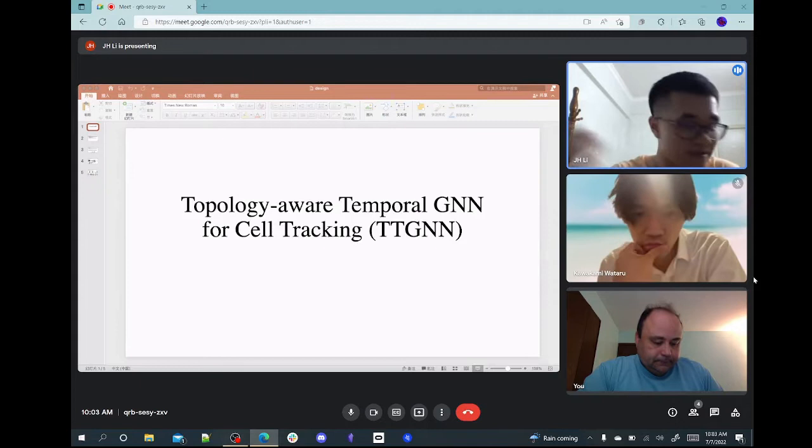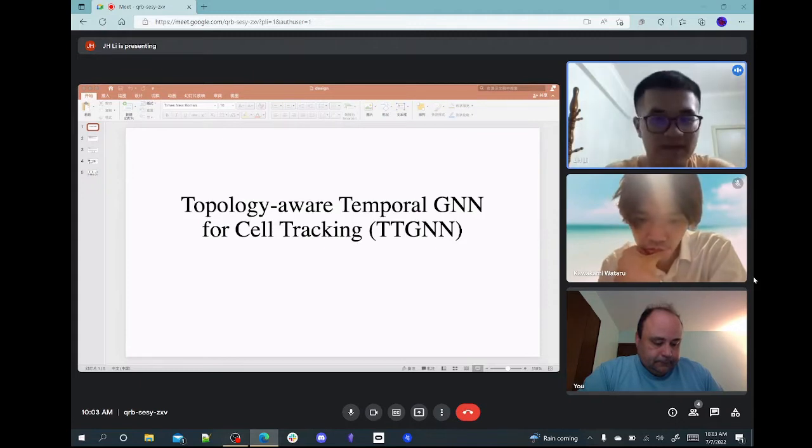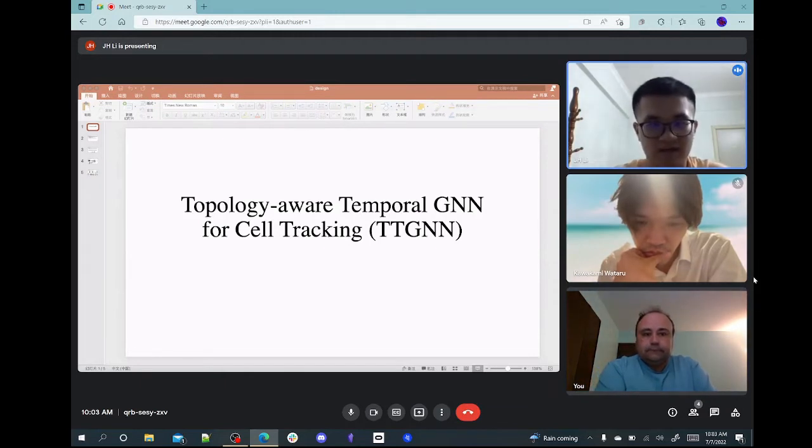Because of the huge amounts of data and some weird behaviors of cells, such as occlusion, cell tracking of complex species has already surpassed human annotators' abilities.